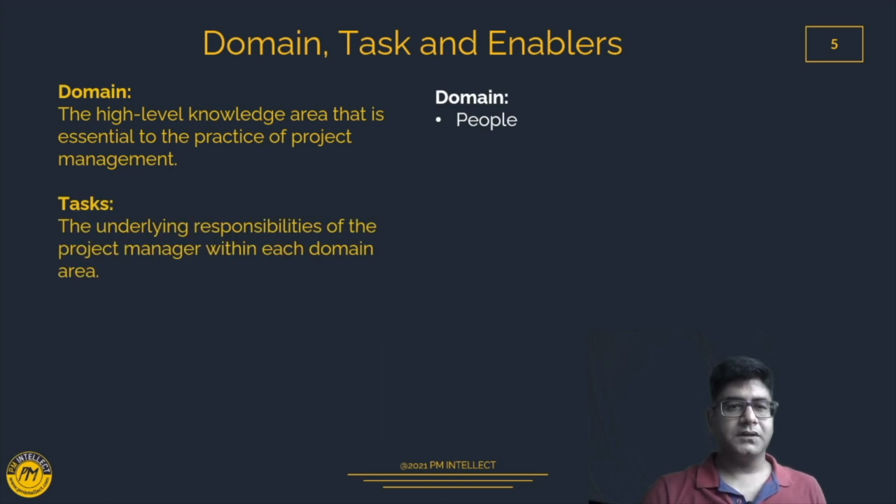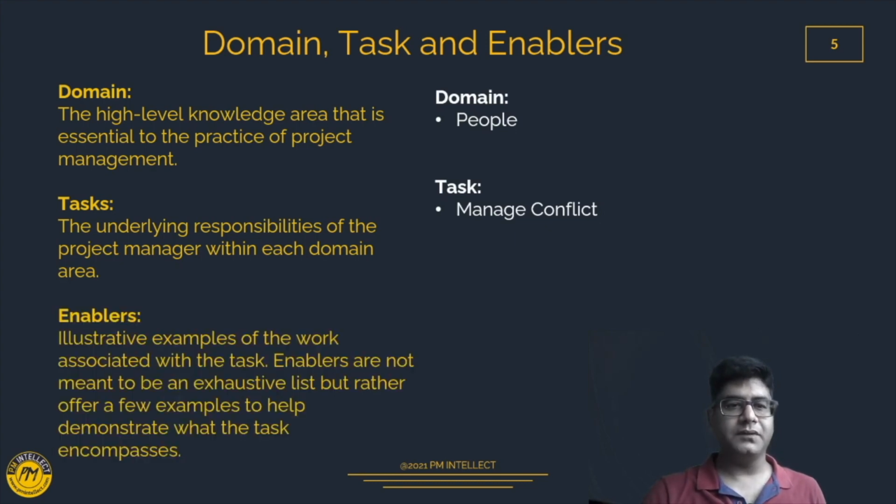Second is task. Tasks you can consider as the underlying responsibilities or activities which are there under the domain. For example, one of the tasks is manage conflict. This is a task which is the responsibility of the project manager, and it comes under the people domain.